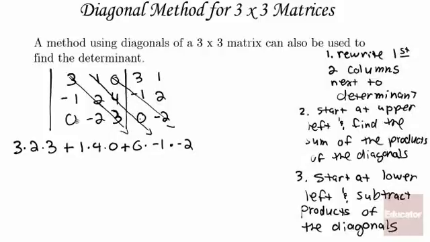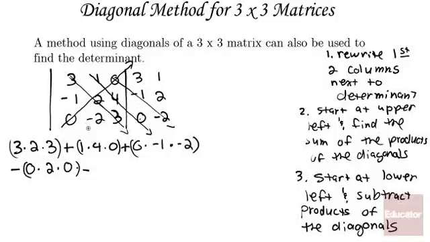Okay, starting at the lower left, I have 0, 2, 0 on this diagonal. So minus 0 times 2 times 0. Okay, next diagonal, I'm going to subtract. Just to make this clearer, let's put it like this.